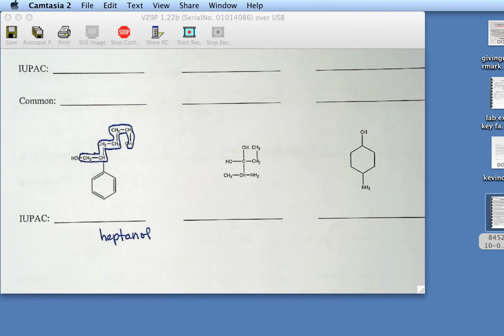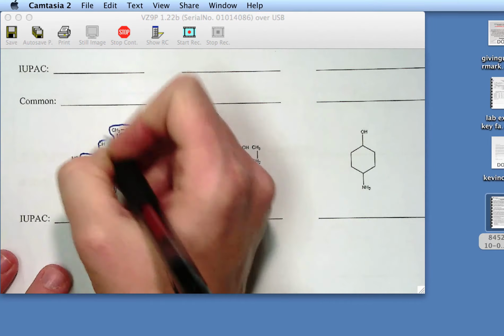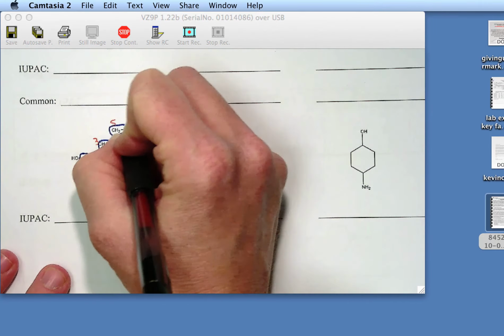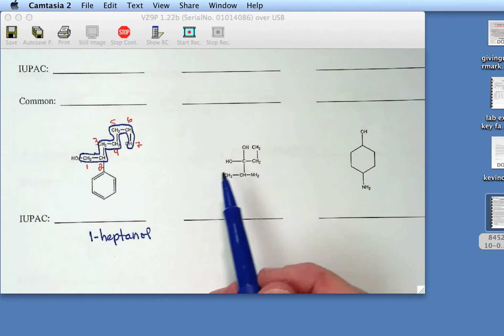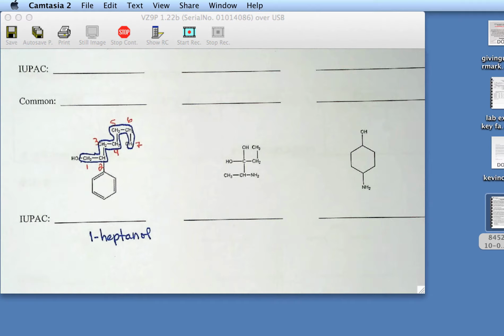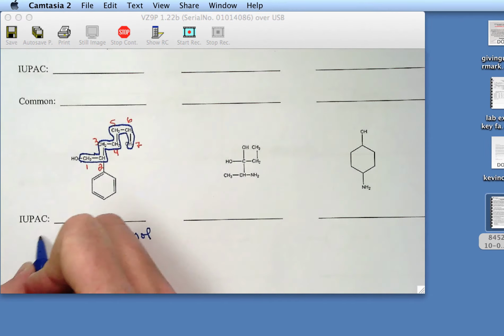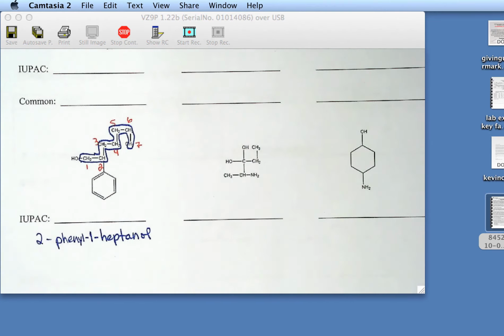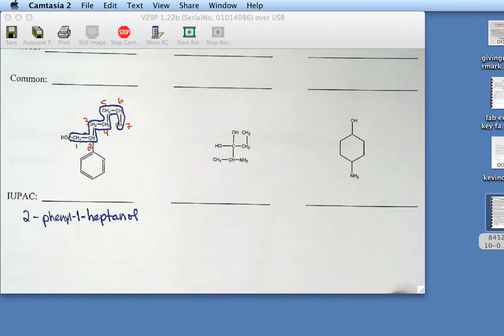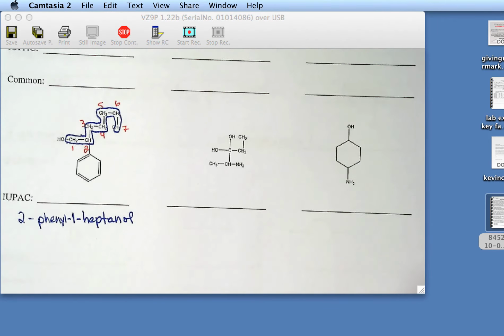Left to right or right to left? Left to right. Good. So 1, 2, 3, 4, 5, 6, 7. What's coming off the second carbon? Phenyl. Yes. That's very good. 2-phenyl, 1-heptanol. That's the IUPAC. There is no common for that one.